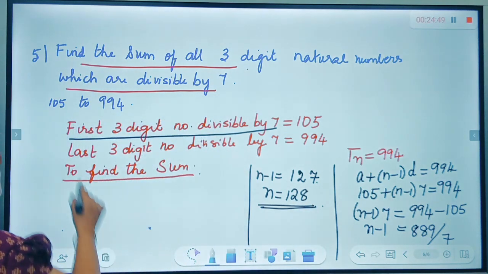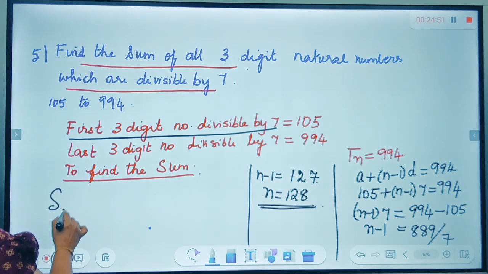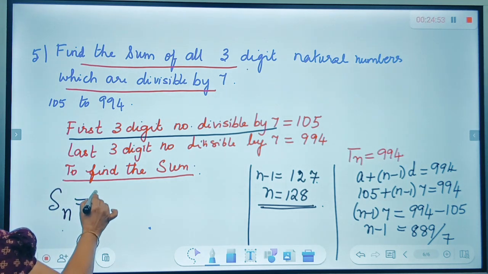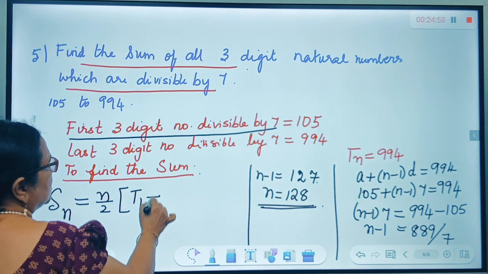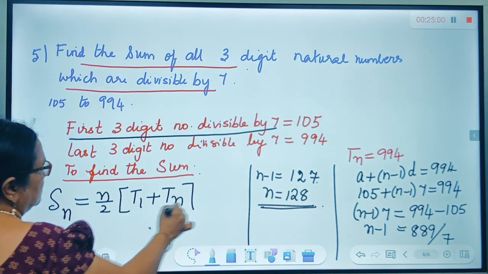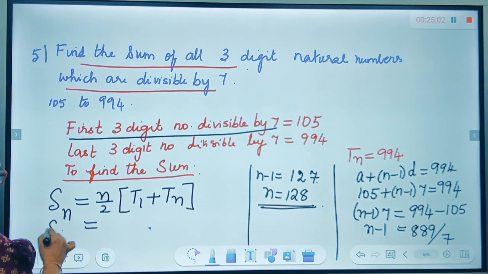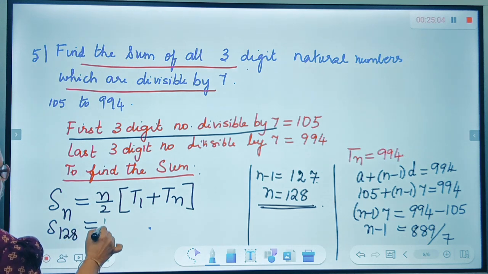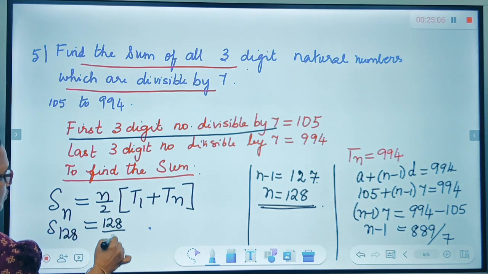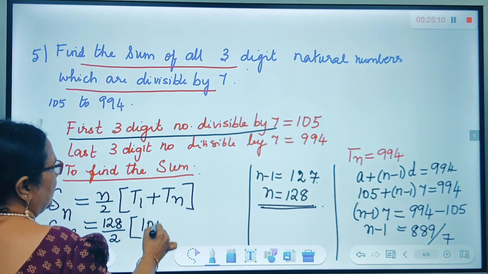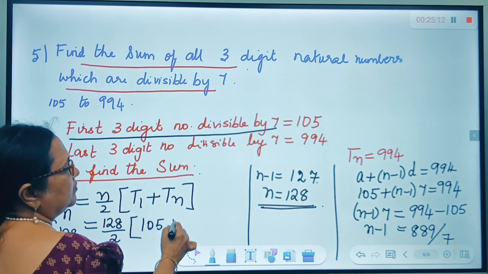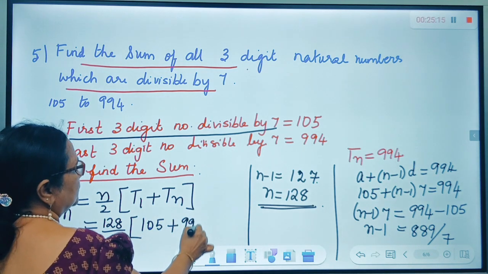So now you have to find Sn. Sn will be, what is the formula? n by 2 into first term plus last term, so S128 will be 128 by 2 into, what is the first term? 105. What is the last term? 994.